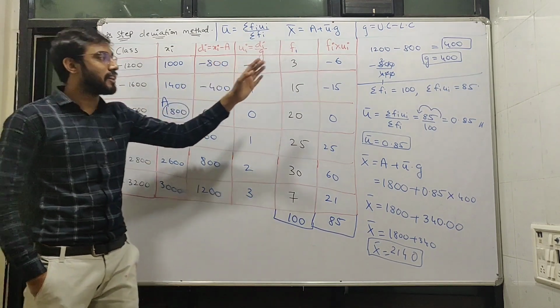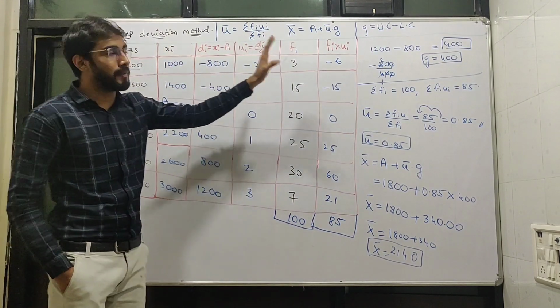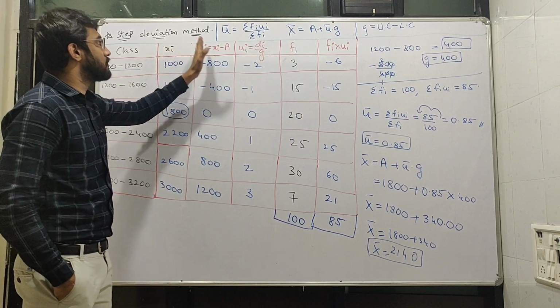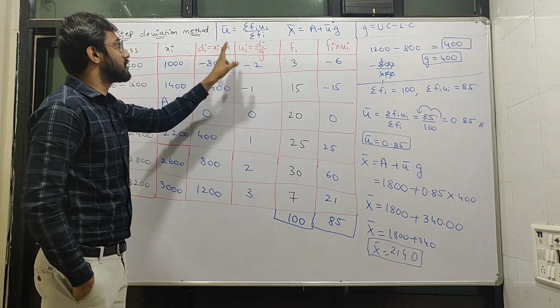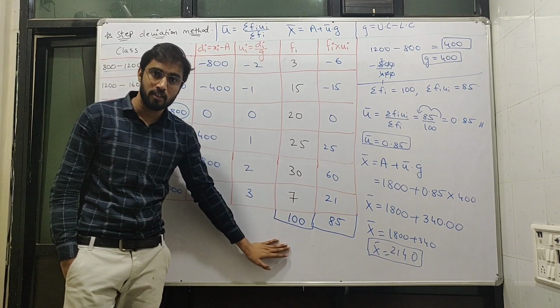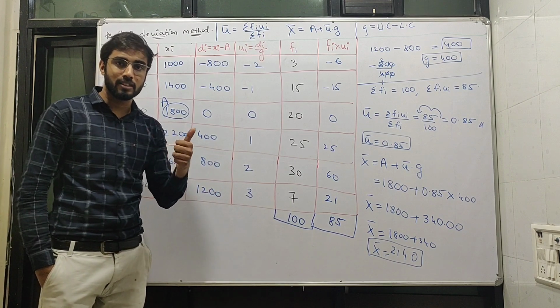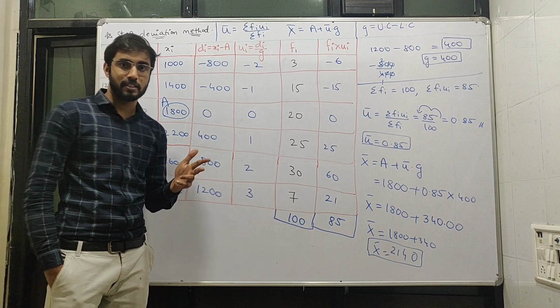The final answer should be the same. And next, the table format. If sometimes any student forgets to write the format in the same given way, it is okay. All it matters is the calculated answers have to be correct. Okay, so these are our three methods for mean. First is the direct method, second is the assume mean method, and third is the step deviation method.